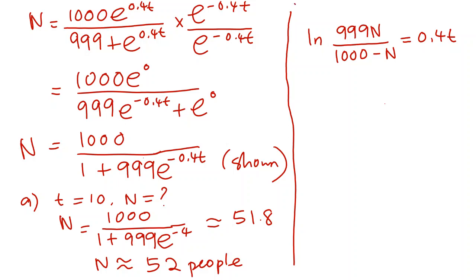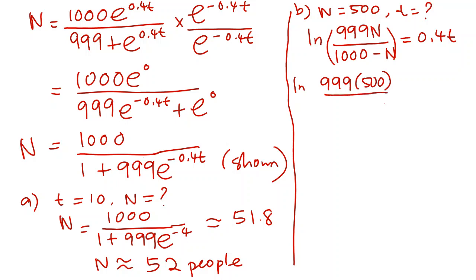So for question B, when n equals 500, what is the value of t? You substitute: ln of 999 times 500 over 1000 minus 500, which is 500, equals 0.4t. Then you can find t equals 17 days.